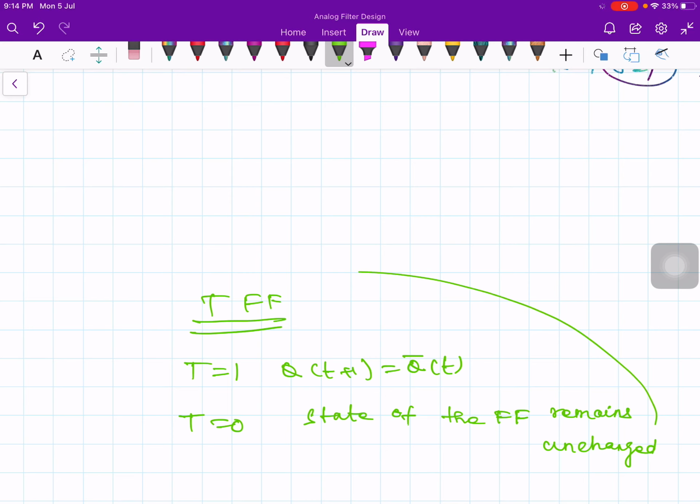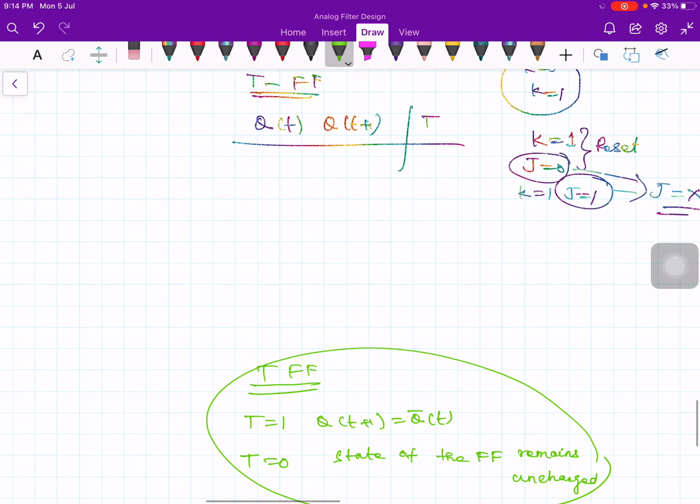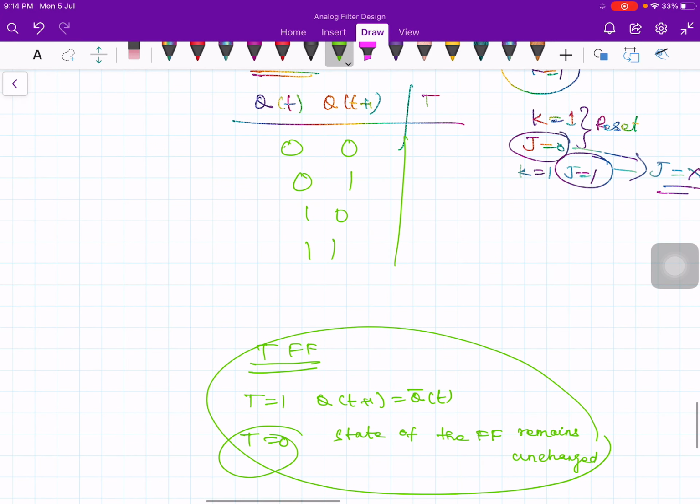So if you know this behavior, then you can easily fill it up. So again 4 combinations, 0 0, 0 1, 1 0, 1 1. 0 to 0, no change. When T is 0, the state of the flip-flop remains unchanged. That means 0 to 0, therefore input is 0.